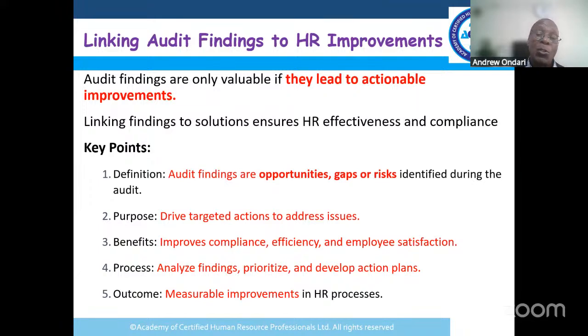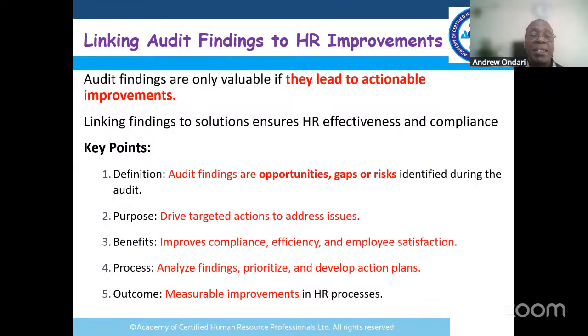And then when you talk of risks, which we mentioned yesterday, these are internal and external factors that can cause business failure, such as financial risks, operational risks, environmental risks, strategic risks, or even legal or compliance risks.